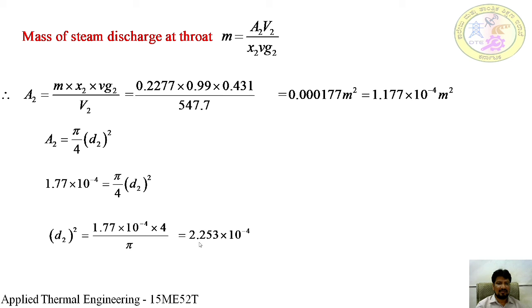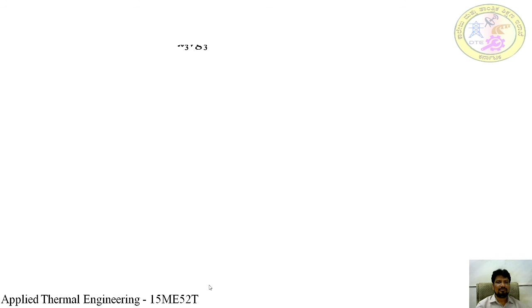After calculation of this, you will get 1.5 into 10 to the power of minus 4. Taking the square root, d2 is equal to 0.0150 meter. Therefore the diameter of the throat is 0.0150 meter.